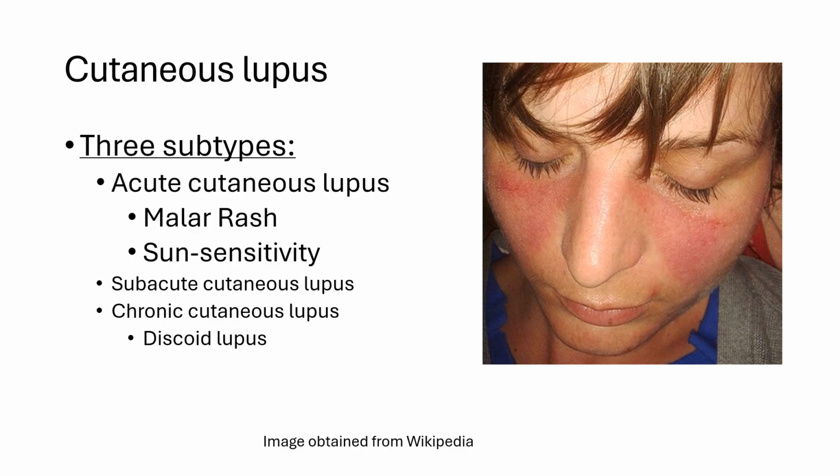And for this reason, many people with lupus will try to avoid the sun. There are clothing stores specifically for lupus patients where they make long-sleeved UV protected shirts, wide-brimmed hats, etc. to try and protect against that sun sensitivity.